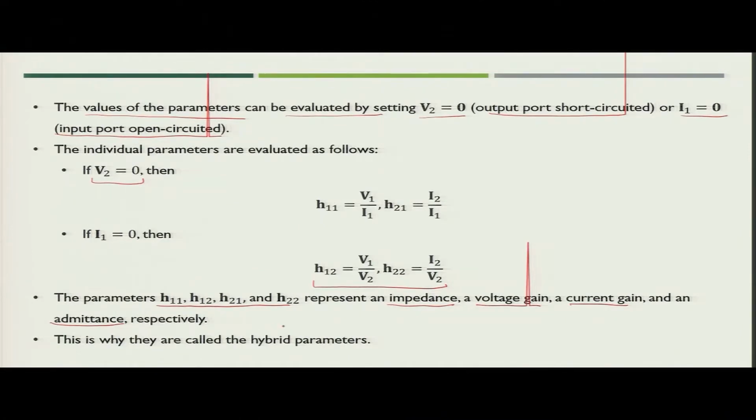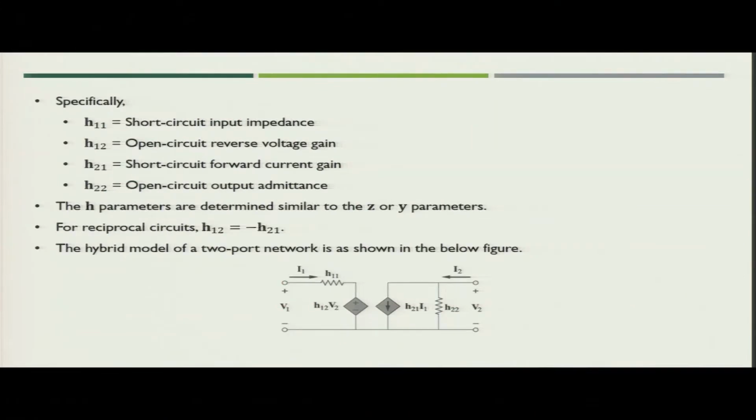Since we have impedance, voltage gain, current gain and admittance as parameters, we call them hybrid parameters. Now you can say that H11 is nothing but the short circuit input impedance, H12 is the open circuit reverse voltage gain, because H11 you find when you set the output port as short circuit.